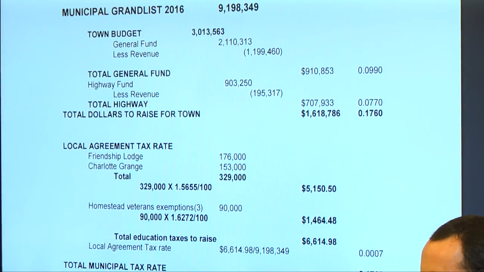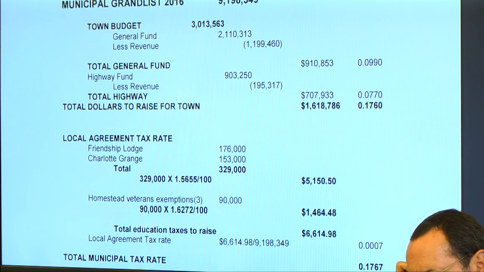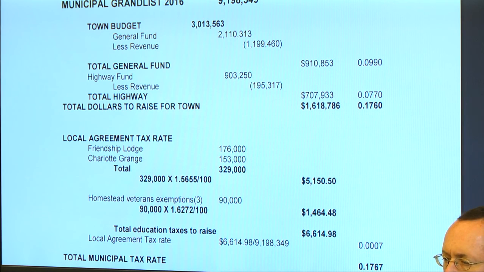So this is how you figure out the tax rate for that local agreement. Basically, you just take the total assessment of those two, Friendship Lodge and Shalott Grange, and multiply it by the non-residential education tax rate. That gives you total taxes of $5,150.50. That's how much in education taxes you have to raise.